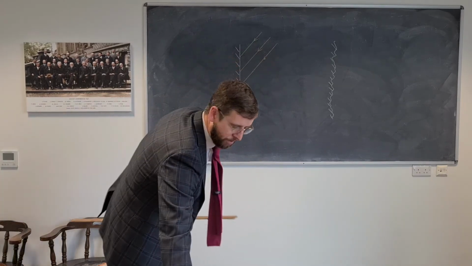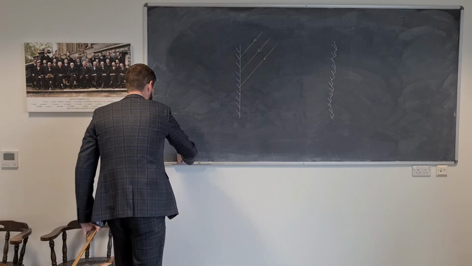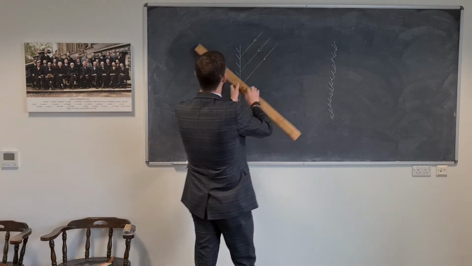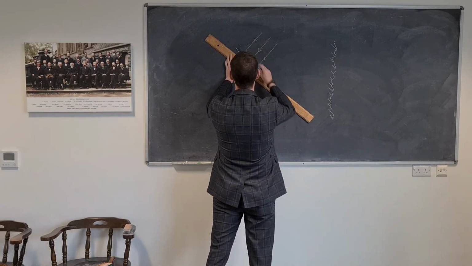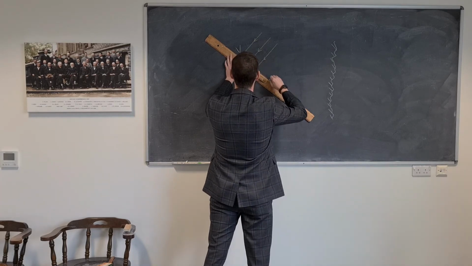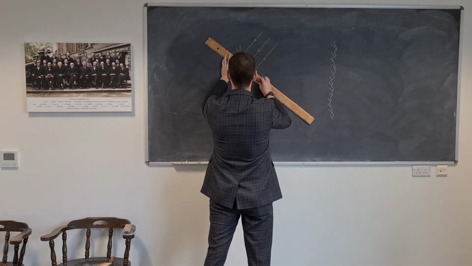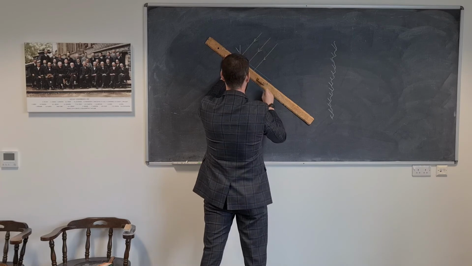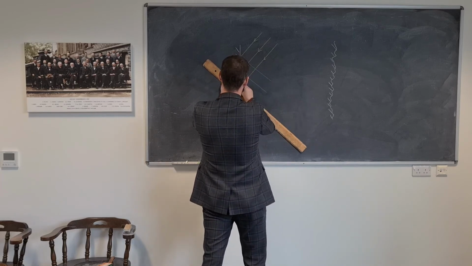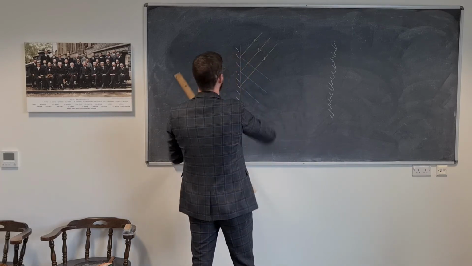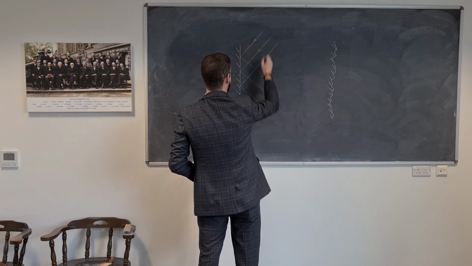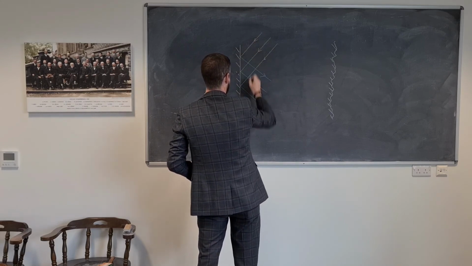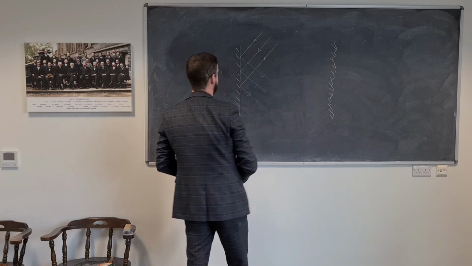Well, they follow the law of reflection, and they all get reflected at the same angle at which they went in at. So you can see here that each one of these gets reflected at the same angle relative to the normal.